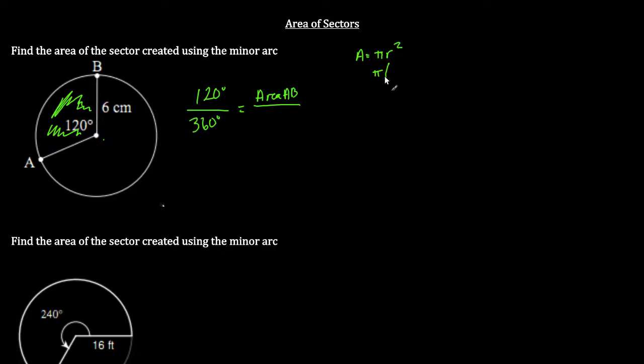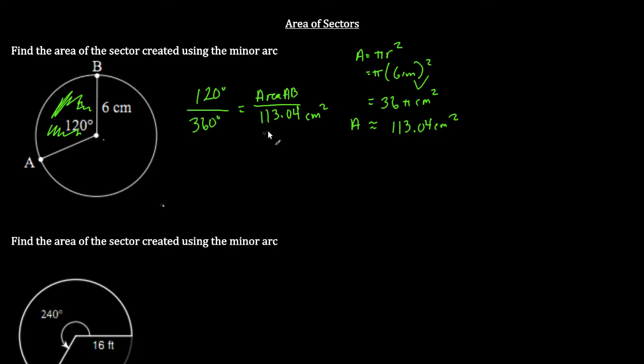So pi, radius is 6 centimeters squared. 6 centimeters squared is 36 pi centimeters squared, which is approximately, I'm going to use 3.14 again, 3.14 times 36, approximately 113.04 centimeters squared. This is the area.